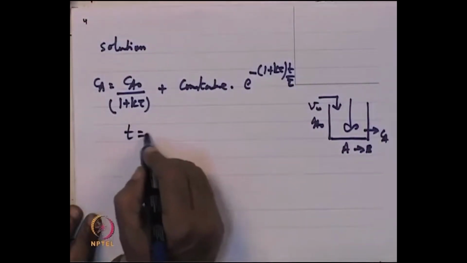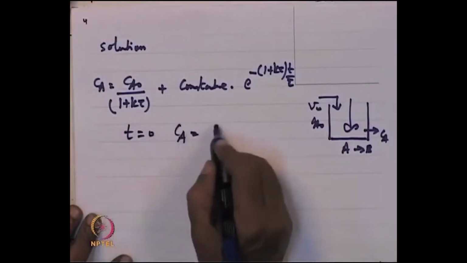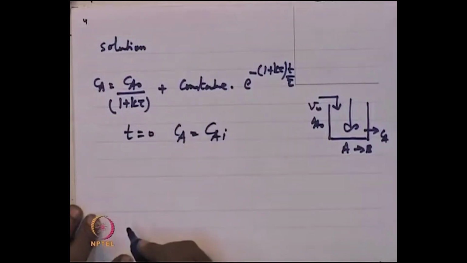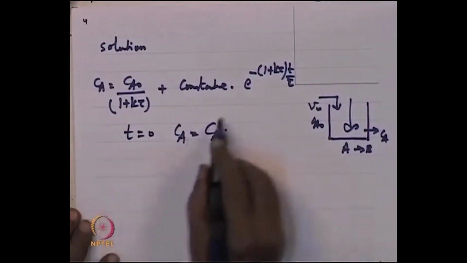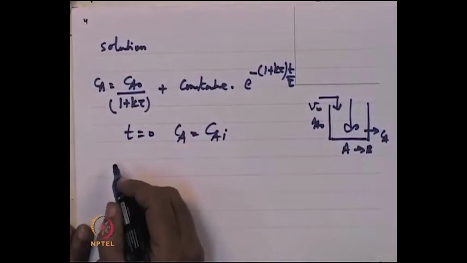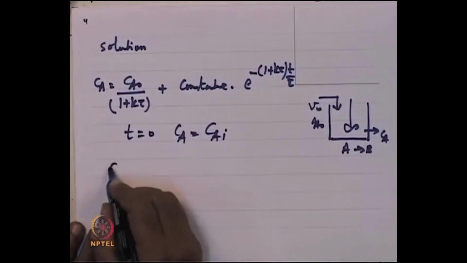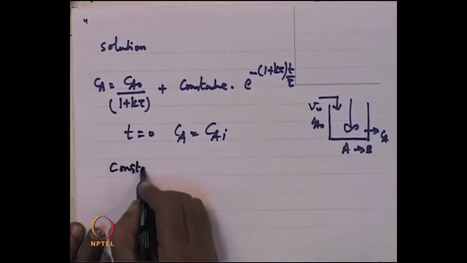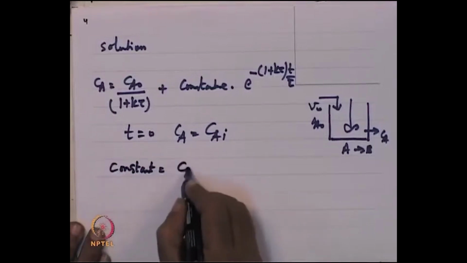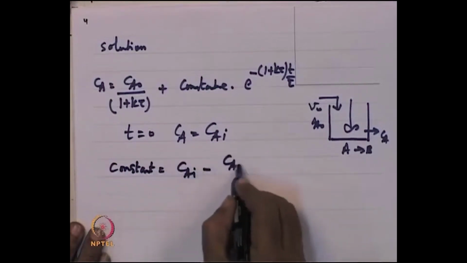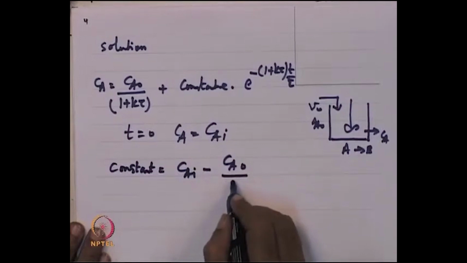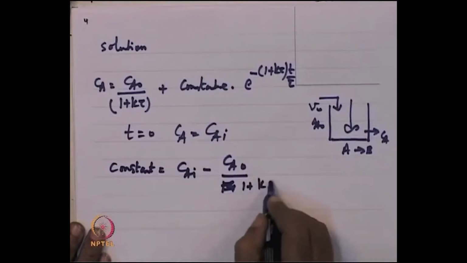At t equal to 0, we have assumed that C A equals C A I. If you put this here, the constant of integration becomes quite obvious: C A I minus C A naught divided by 1 plus k tau.